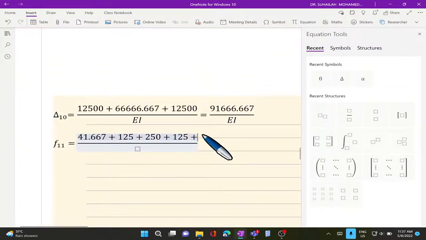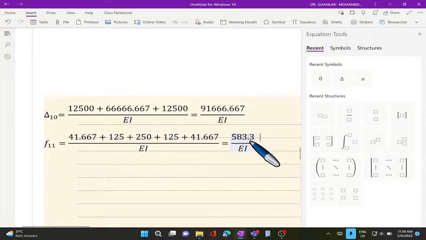And then 41.667. So this one, divided by EI, the answer is 583.334.